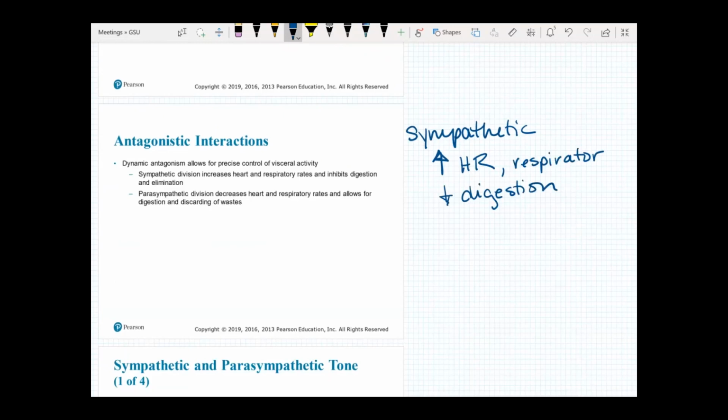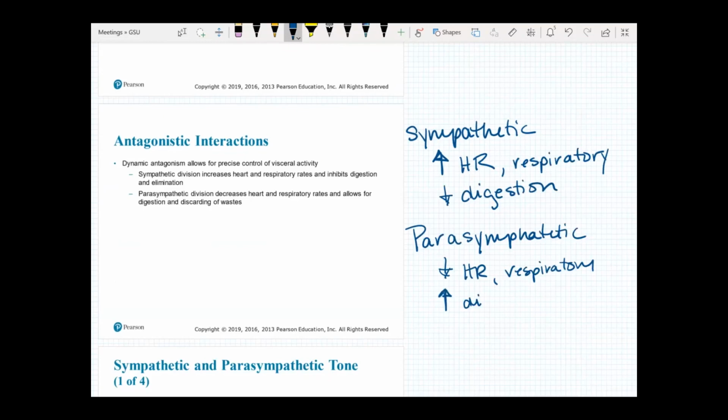Whereas in your parasympathetic system, it will decrease your heart rate and your respiratory rate, and it will increase your digestion.